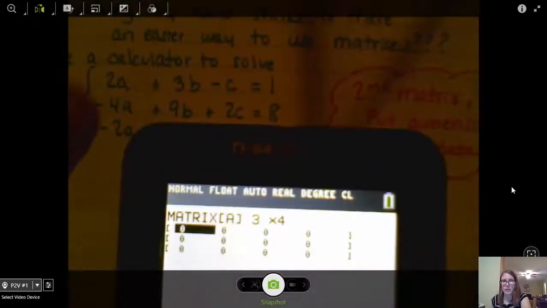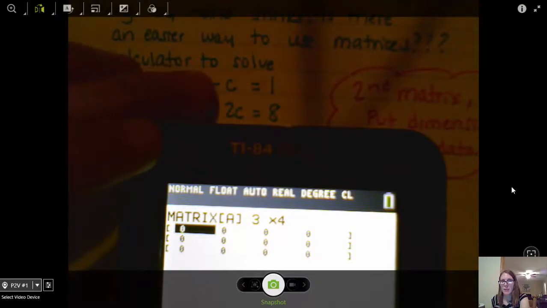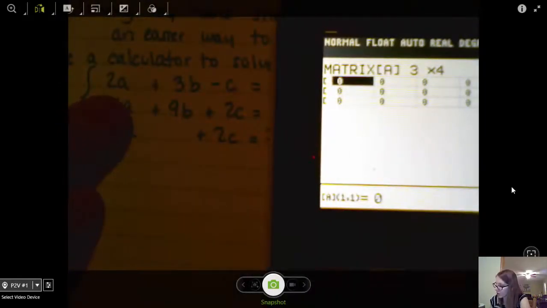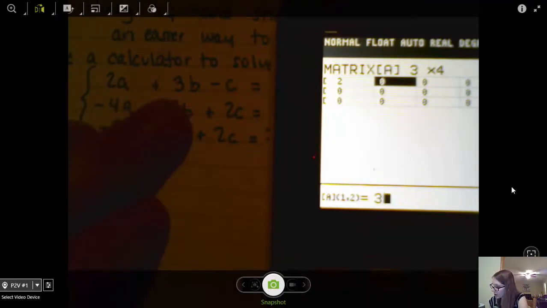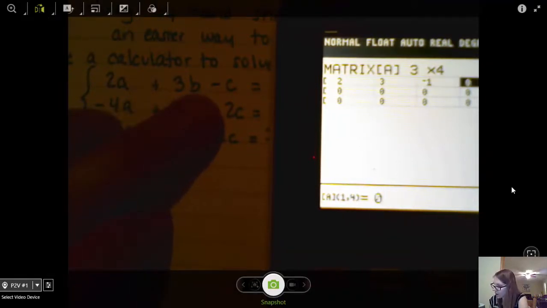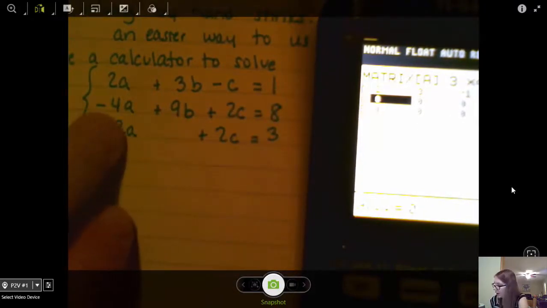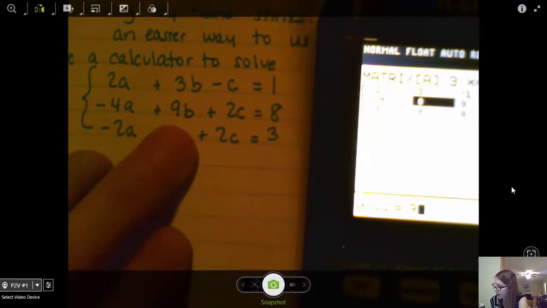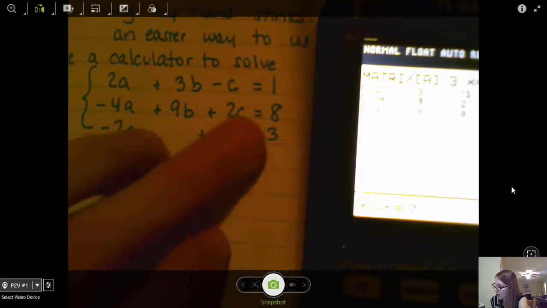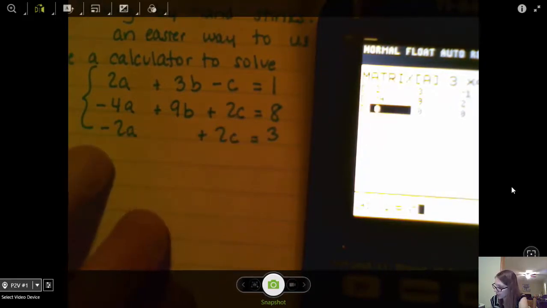And our matrix, we had 2a, 3b, minus c equals 1. So my first row is going to be 2, 3, negative 1, 1. Then negative 4, 9, 2, 8, negative 2.